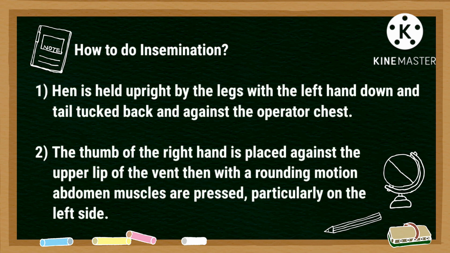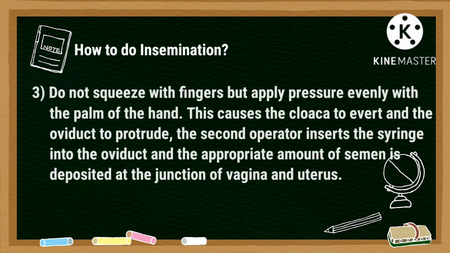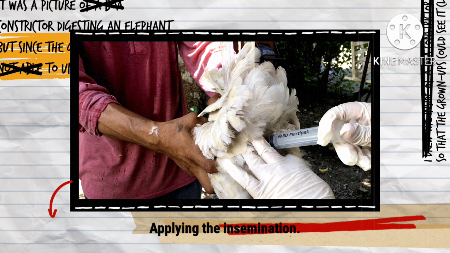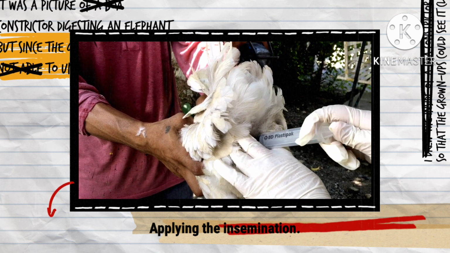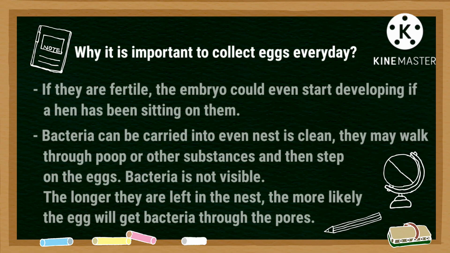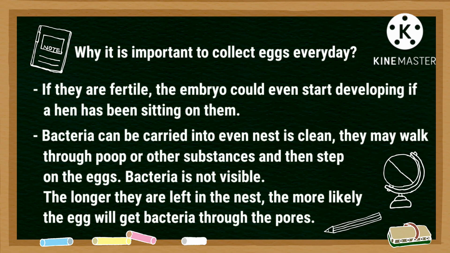Next is how to do insemination. This is the proper way on how to apply the insemination. Next is why it is important to collect eggs every day. If they are fertile, the embryo could even start developing if a hen has been sitting on them.